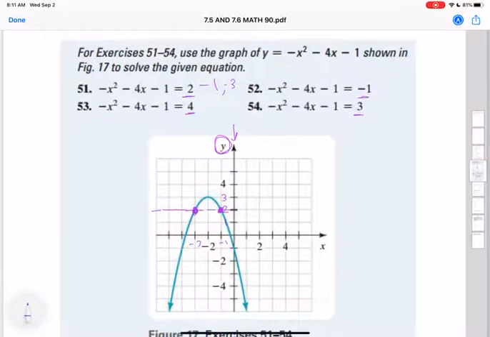Okay, so the solution of negative x squared minus 4x minus 1 equals 2, we found that by looking at the picture, finding where y is equal to 2, and found that those x values, if we look down here, were at negative 1 and negative 3. Go ahead and try the next 3 on your own and come back and see how you did here in just a couple minutes.